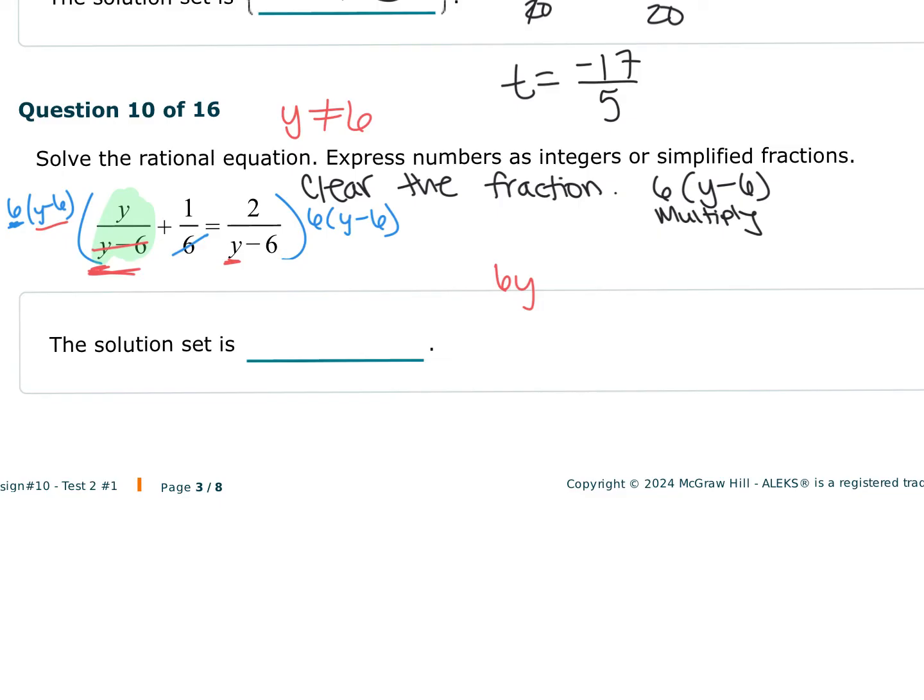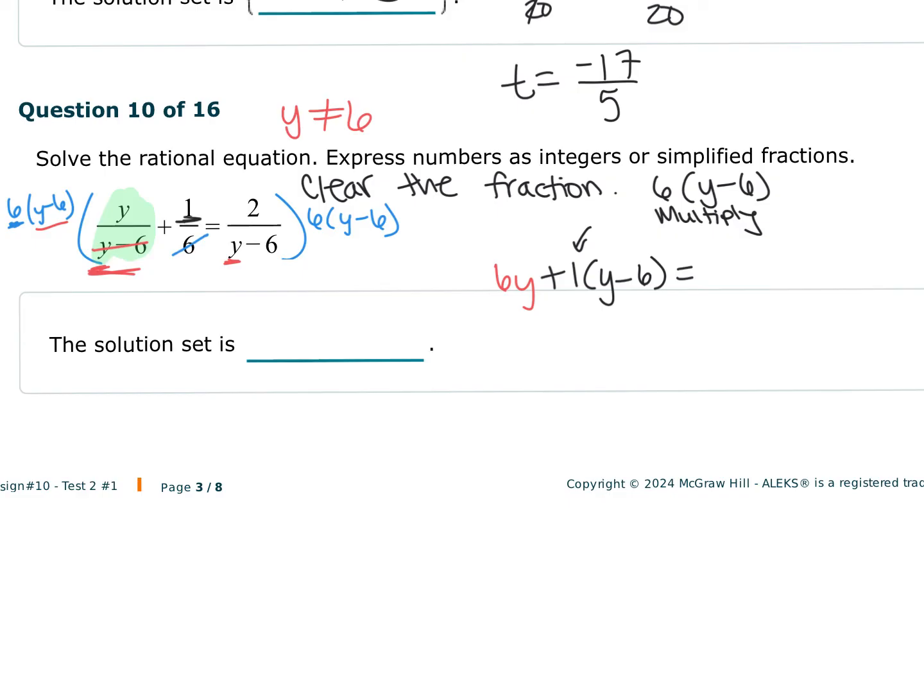And all I would have left is the 1 times the y minus 6. So plus 1 times y minus 6. Now I know that when I distribute that 1, it just remains a y minus 6. But in case it wasn't a 1, we still want to write it because I'm trying to show my work. Okay, now for my last piece, I'm actually going to cross out for you.